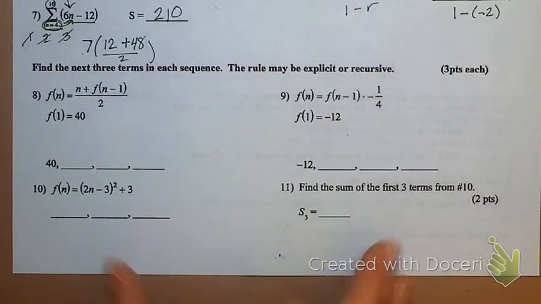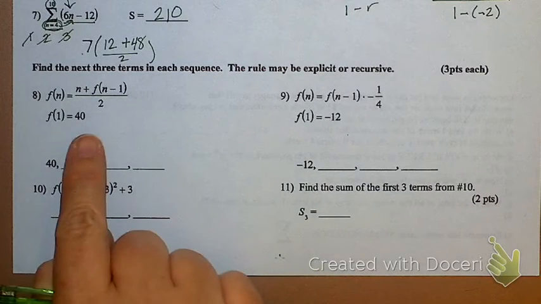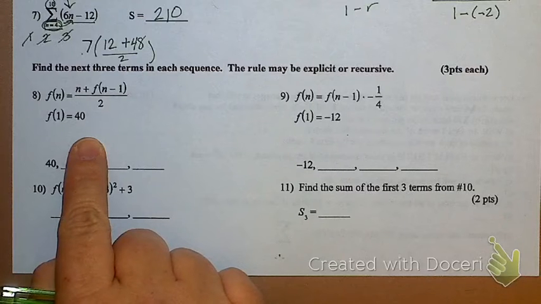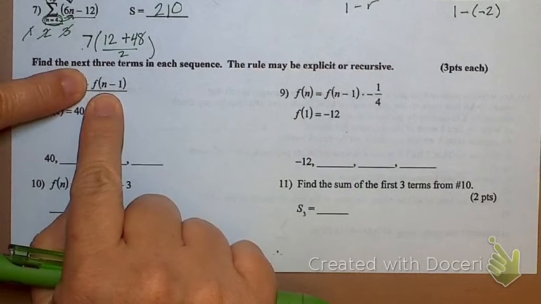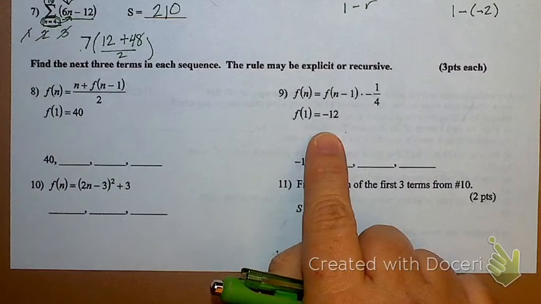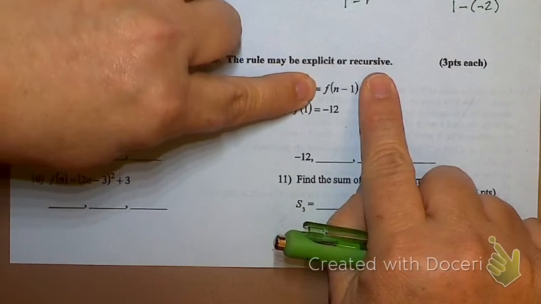All right, find the next 3 terms in the sequence. The rule may be explicit or recursive. So question, is number 8 explicit or recursive? Recursive. How do you know? Because it has f of n minus 1. Is number 9 recursive or explicit? Recursive because of the f of n minus 1.